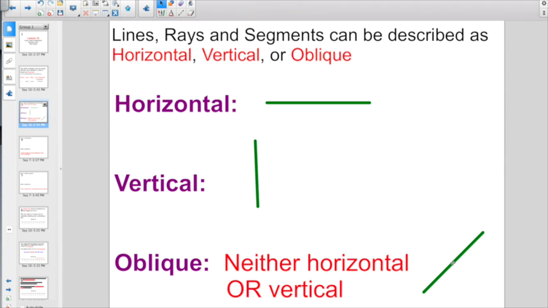It doesn't mean it has to look exactly like this. This would be oblique. This would be oblique. That's oblique.